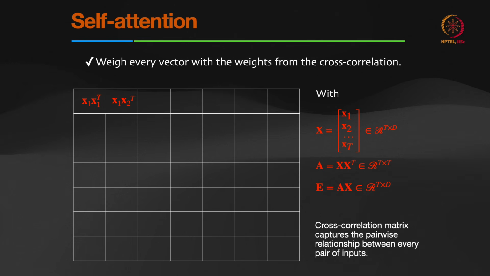Now when I start doing something like this, if I take this matrix A and multiply it with the set of row vectors, x, what you are actually doing is, let us say, building the new x1 hat.